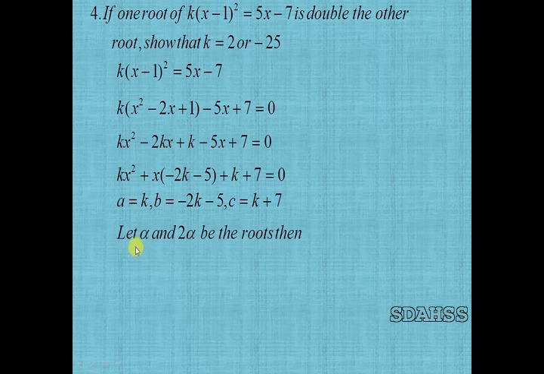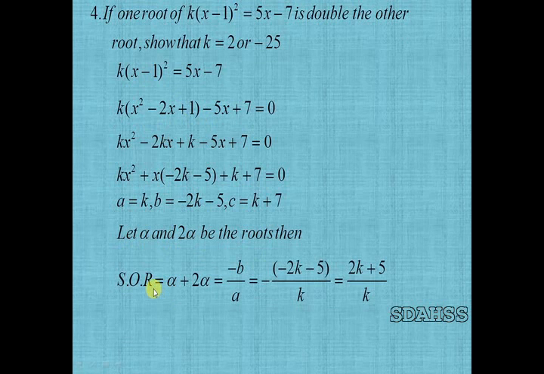Now let alpha and 2 alpha be the roots of the quadratic equation. Then find the sum of the roots. Sum of the roots: add these two roots, alpha plus 2 alpha. We know that sum of the roots is equal to minus b by a. Substitute the value of b, minus (minus 2k minus 5), divided by a, which is k.